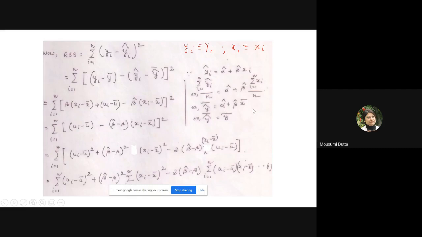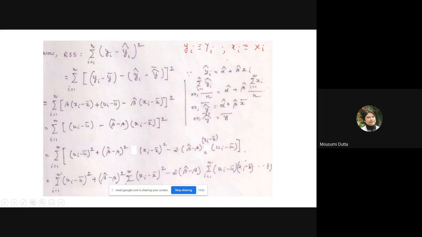Now look at the right hand side. Yi hat is equal to alpha hat plus beta hat xi. So if you consider summation yi hat, that will be n alpha hat plus beta hat summation xi. In the next step, if we divide both sides by n, summation yi hat by n is equal to n alpha hat by n, which is alpha hat, plus beta hat summation xi by n.